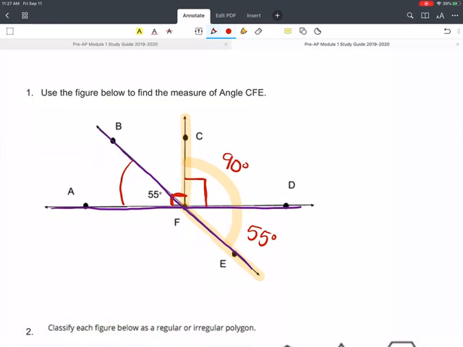So then finding the angle CFE, all I have to do is take the 90 degrees and add the 55 degrees to it. So angle CFE is 145 degrees.